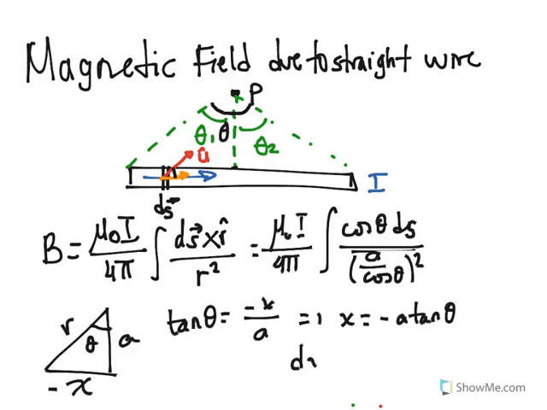In that sense, the differential of x, or the differential of s, which is the differential of the arc, is going to be equal to minus a secant squared of theta. This we're going to replace at this point. So this is going to be minus a secant squared of theta.